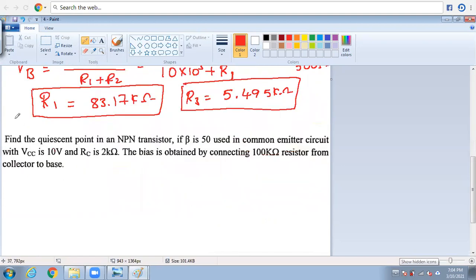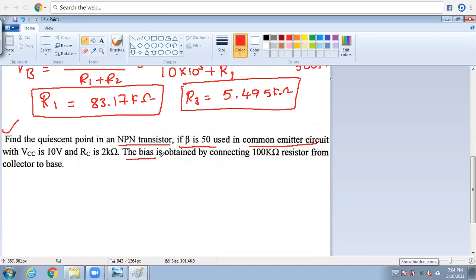Okay, the next problem is: find the quiescent point in an NPN transistor if beta is 50, used in a common emitter circuit with VCC is 10 volts, RC is 2 kilo ohms.